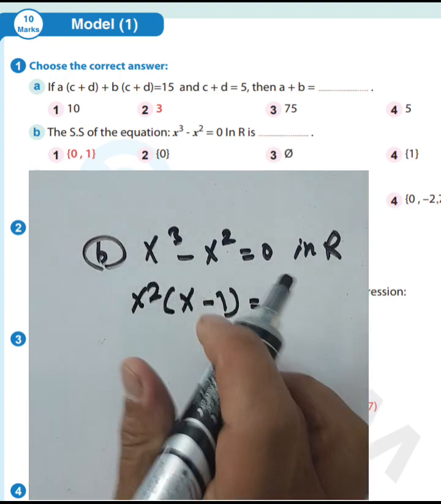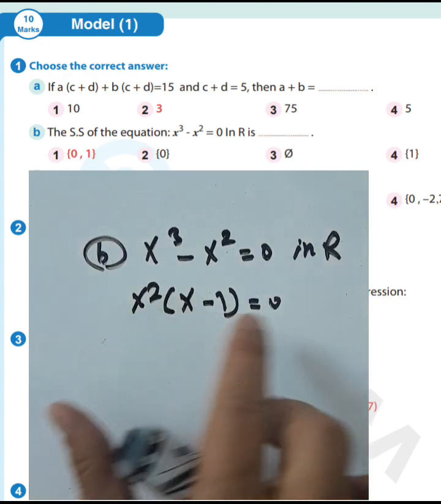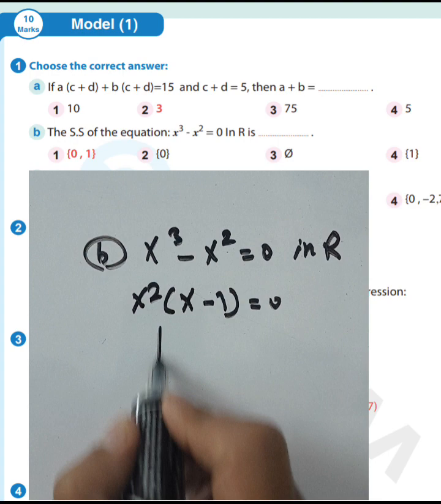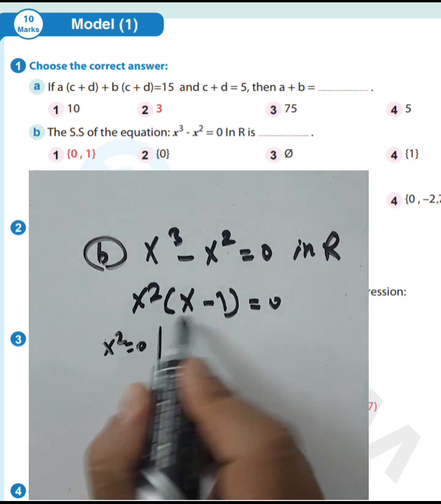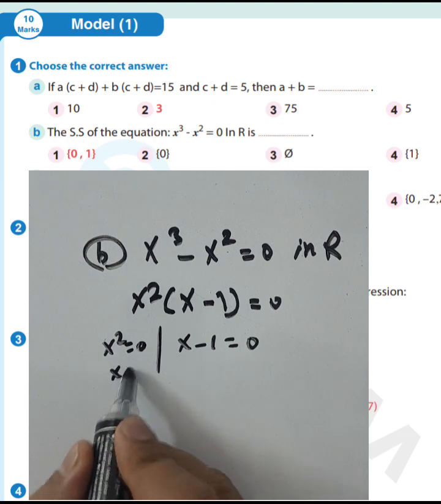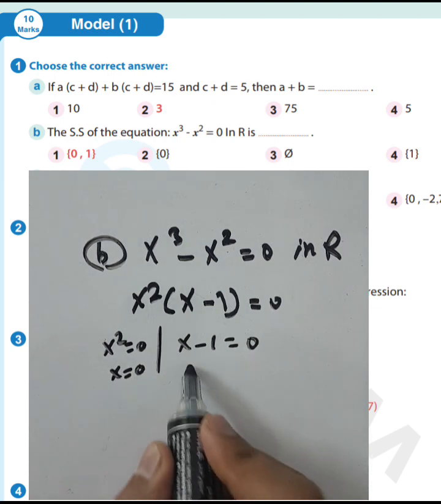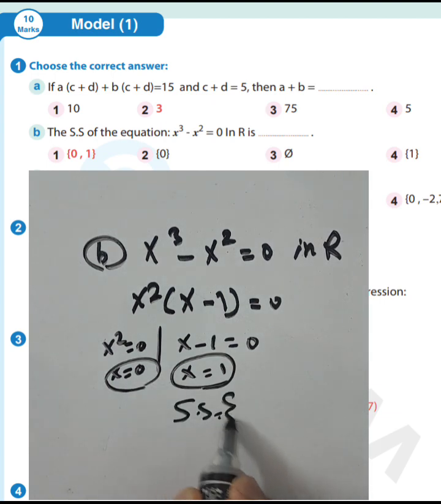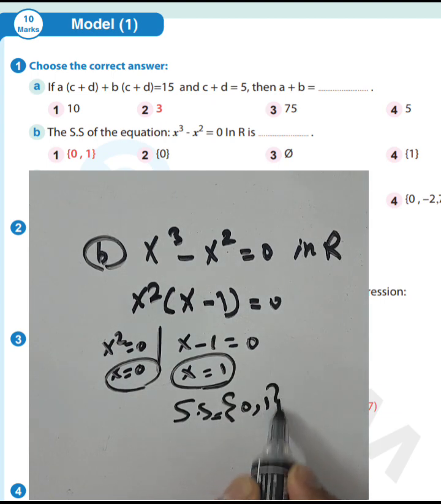We have two factors, the product of them equals 0. The first factor x power 2 equals 0, or the second factor equals 0. X power 2 equals 0 means x equals 0, and x minus 1 equals 0 means x equals 1. Then the solution set here will be 0 and 1.